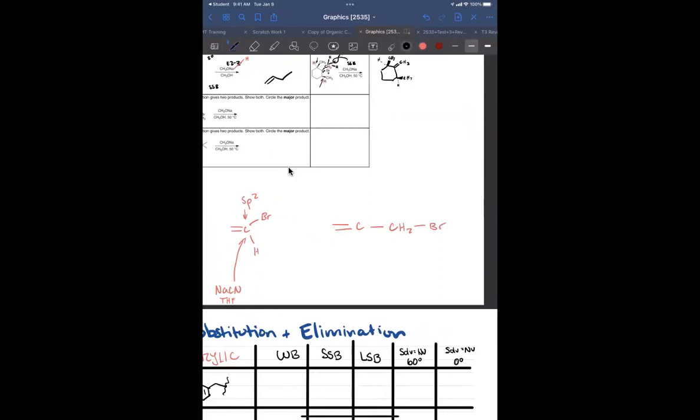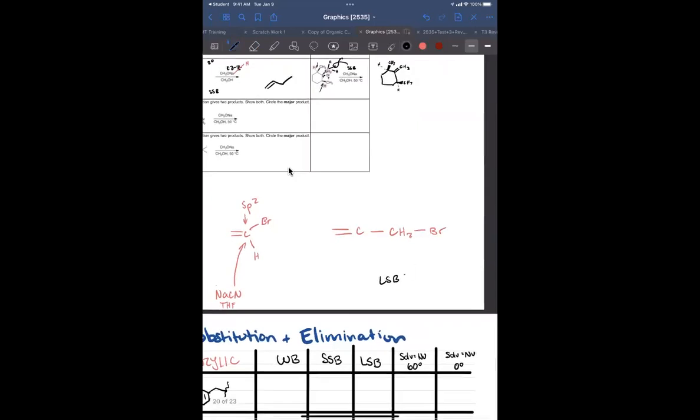If you had a large strong base, something that would induce an E2 reaction. Well, that's allylic. It cannot form a double bond there. So it has to be a substitution reaction.